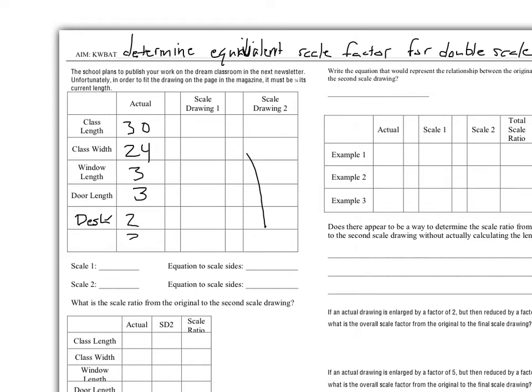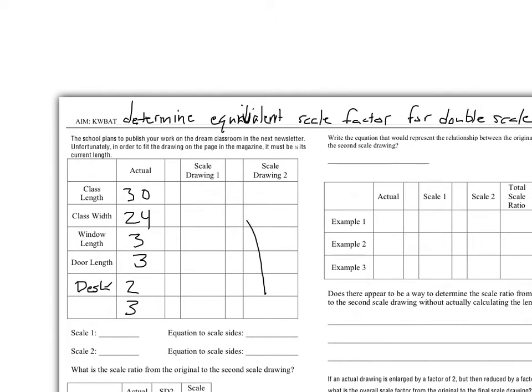So our scale factor yesterday was a reduction of 1/3 for each. So that gave us our scale drawing lengths. This one was 10, 8, 1, 1, 2/3, and 1.